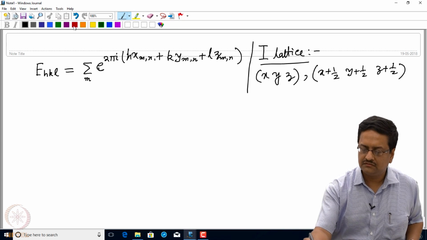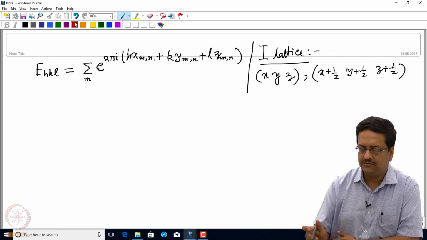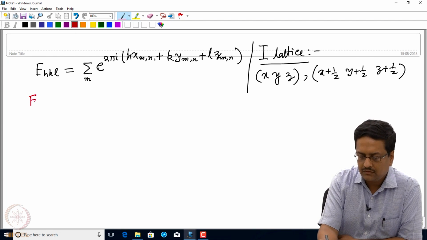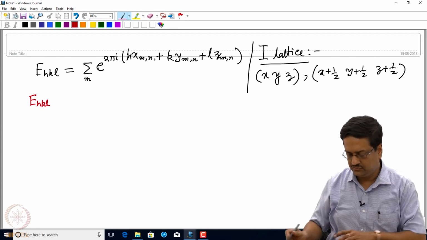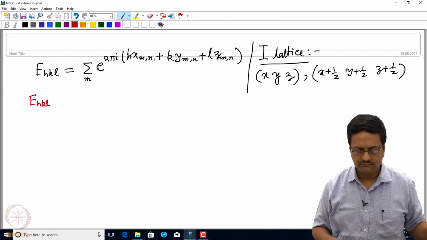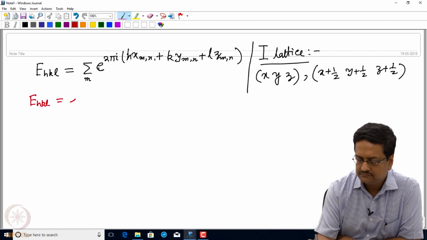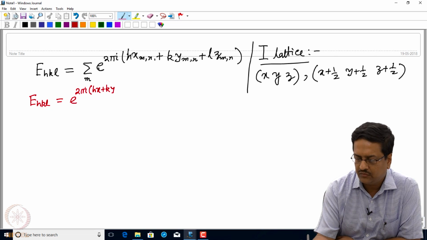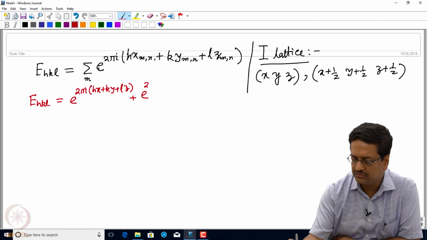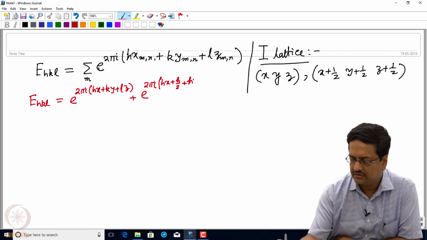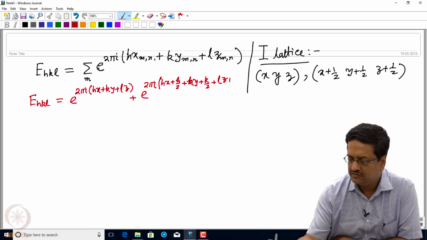So now if we try to write the expression for EHKL for these two equivalent points, we can write it as e to the power 2 pi i (hx plus ky plus lz) plus e to the power 2 pi i (hx plus h by 2 plus ky plus k by 2 plus lz plus l by 2).